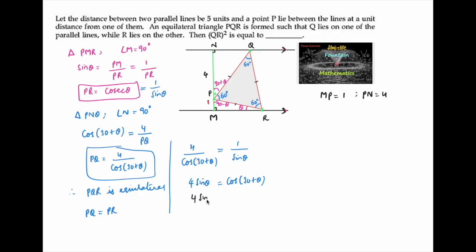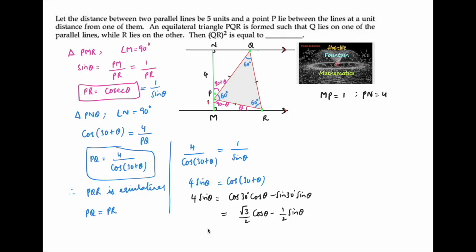So 4 times sin theta is equal to, applying the cos A plus B formula, cos A cos B minus sin A sin B. Cos 30 is root 3 by 2 cos theta minus sin 30 is 1 by 2 sin theta.